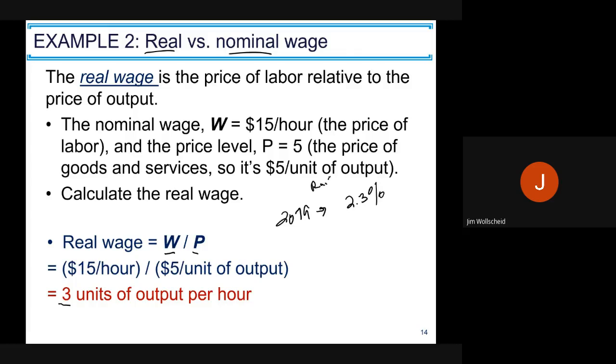Did that affect my nominal or my real wage? Well, I got 2.3% more. However, what was the CPI in 2019? Inflation went up by 2.3% in 2019.